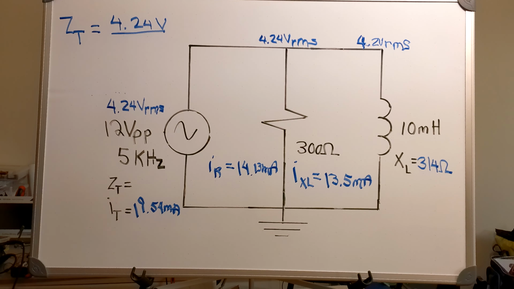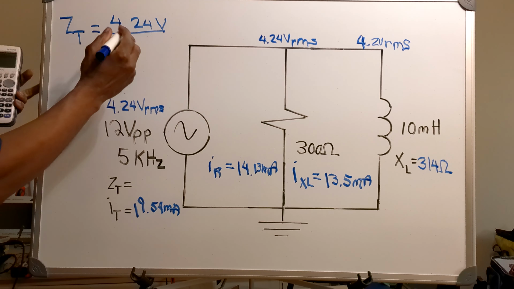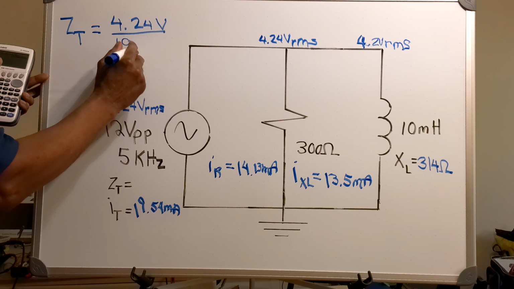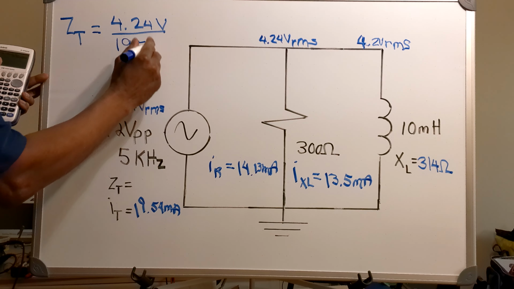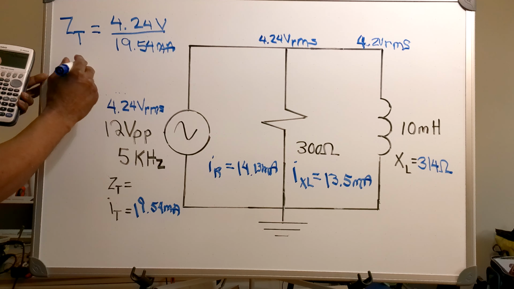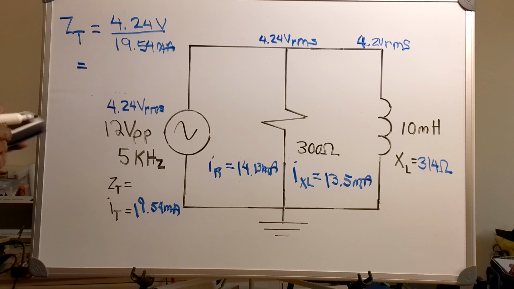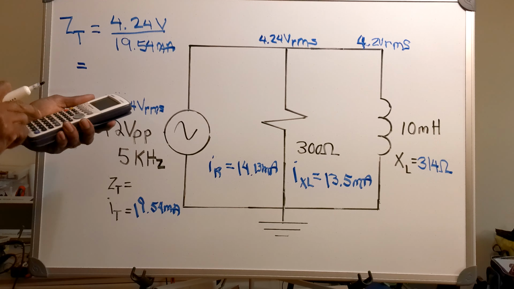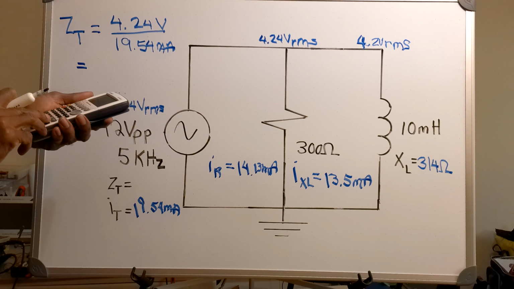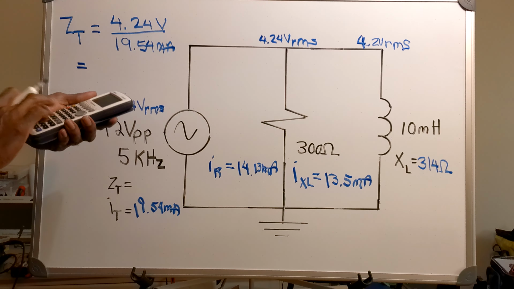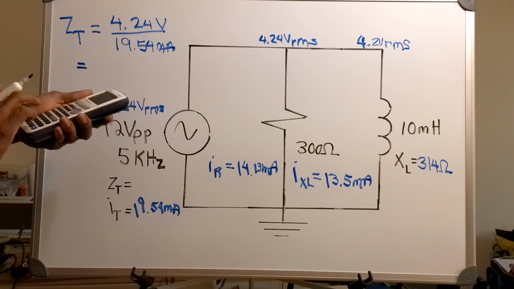So now I put my 19.54 milliamps right here. And I get my total impedance of 4.24 volts divided by 19.54 milliamps.